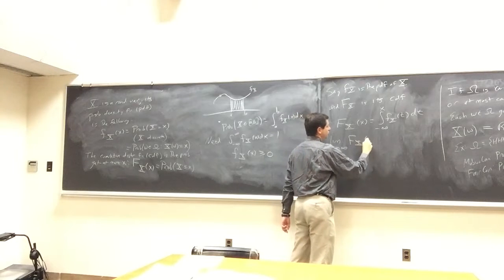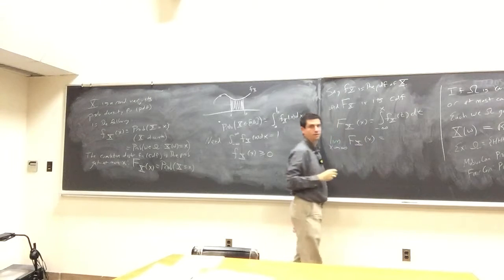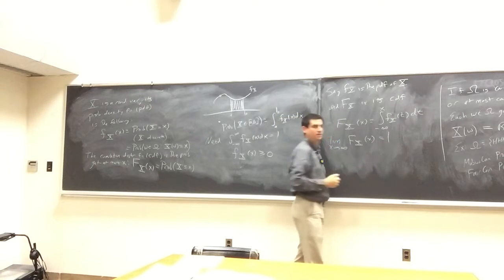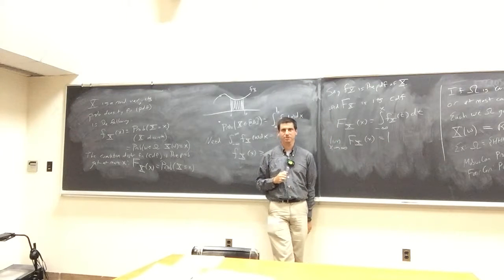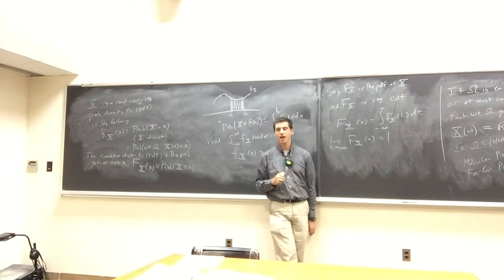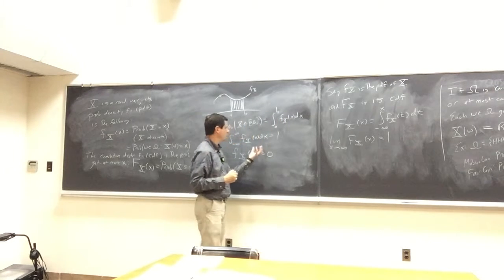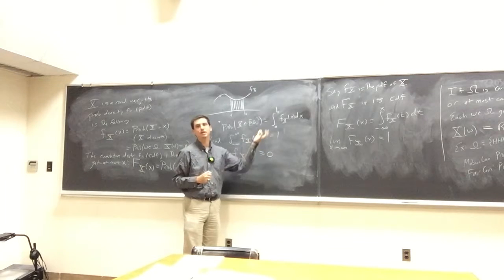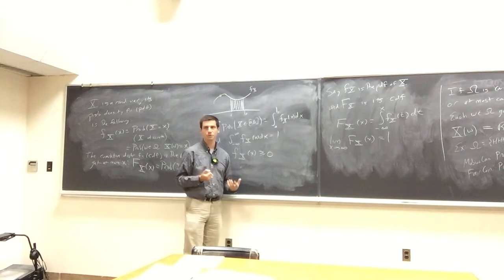So what should this go to? 1. Something happens, right? We've defined our probability distribution, so if we integrate from minus infinity to infinity, we get 1. So the limit as we go off to infinity should be 1.